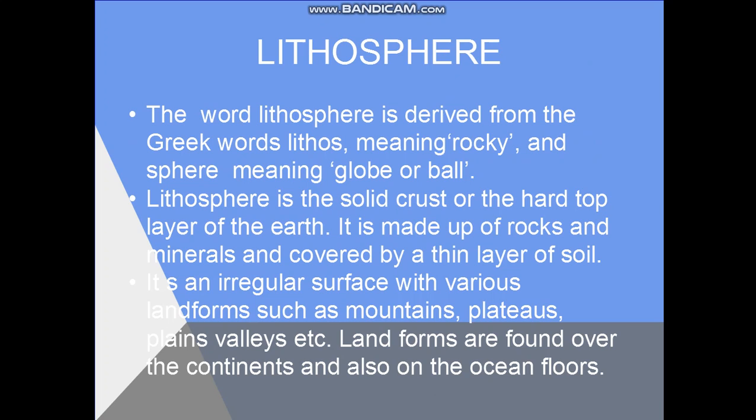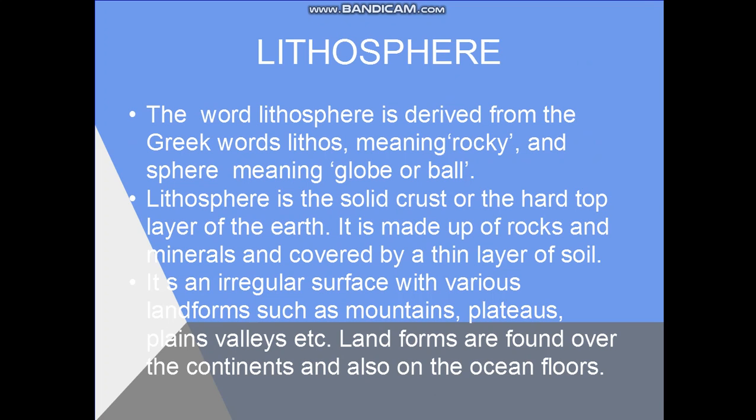We have already learned lithosphere in 6th grade. The word lithosphere is derived from the Greek word lithos, meaning rocky, and sphere meaning globe or ball. Lithosphere is the solid crust or the hard top layer of the earth.